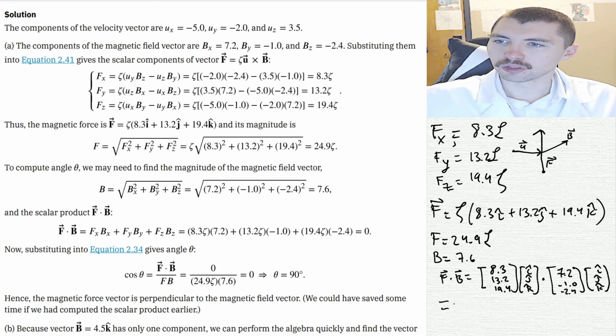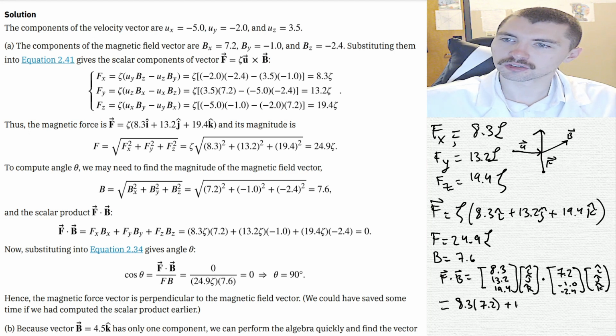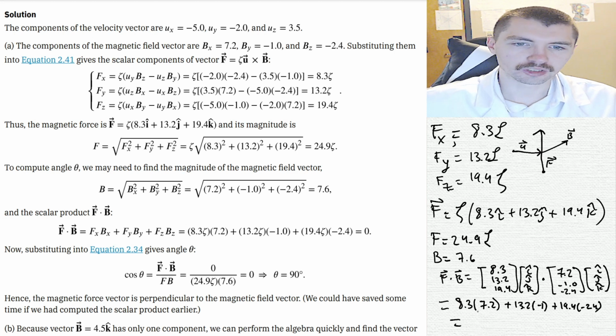Okay, so that will equal 8.3 times 7.2 plus 13.2 times -1 plus 19.4 times -2.4, and we're getting 0. So that means they're perpendicular.